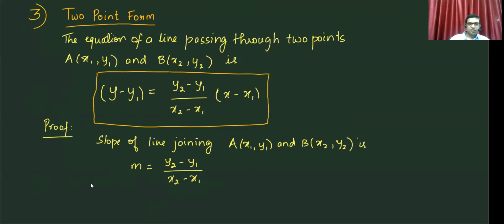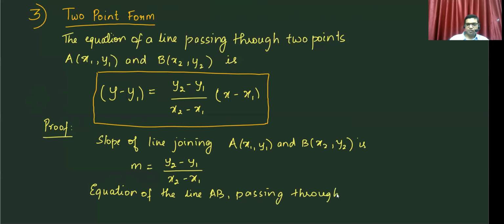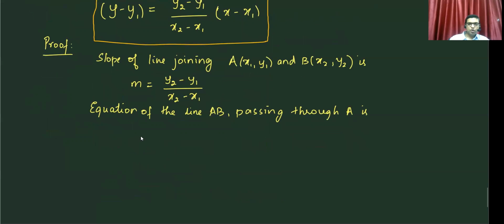All right. Now the equation of the line AB passing through A, isn't it? It is passing through A or passing through B. Y minus y1 is equal to M into x minus x1 from the point slope form.